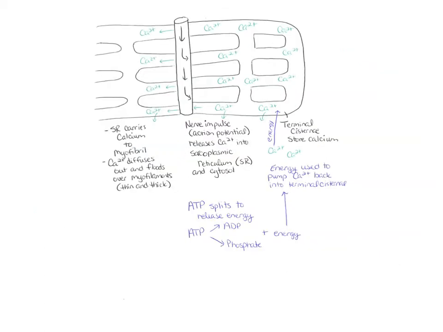Here's the picture of the terminal cisternae, and a terminal cisternae is going to be found on either side of that T-tubule. Okay, so there's the T or transverse tubule, and we see the action potential coming down through that T-tubule, and it's going to hit the walls of that terminal cisternae.